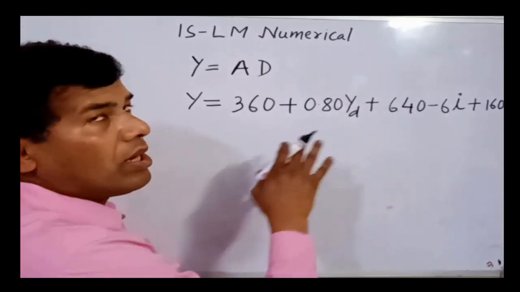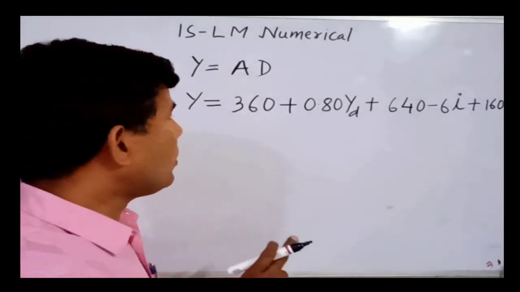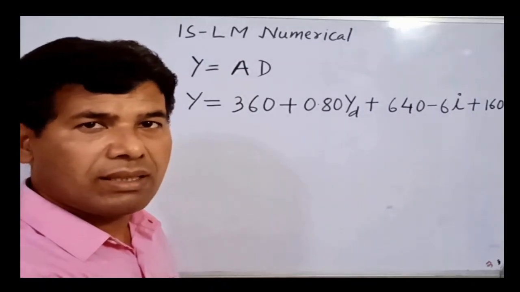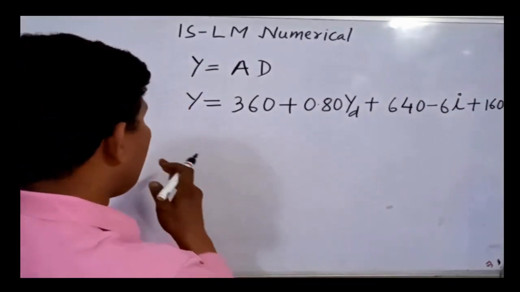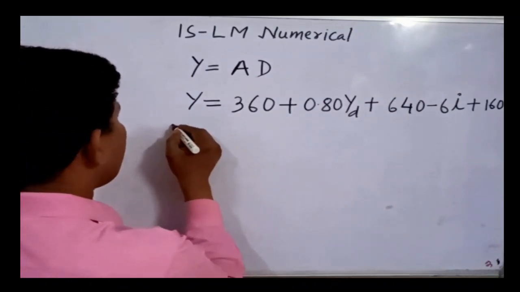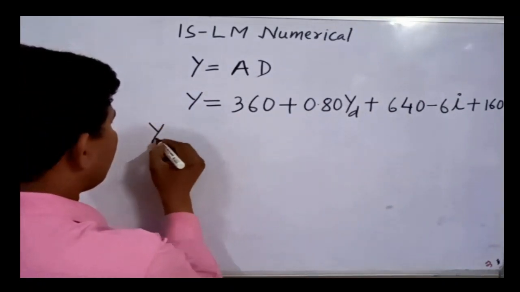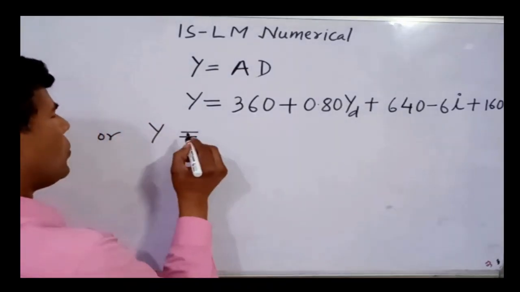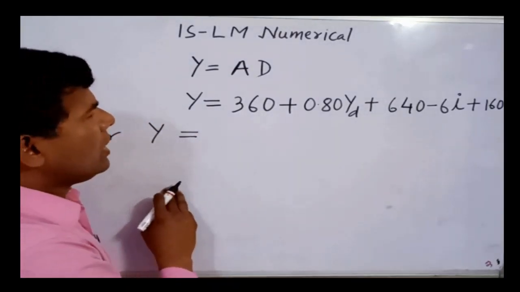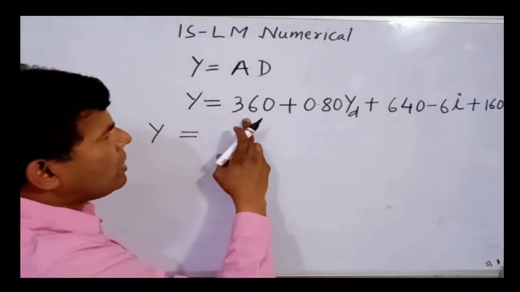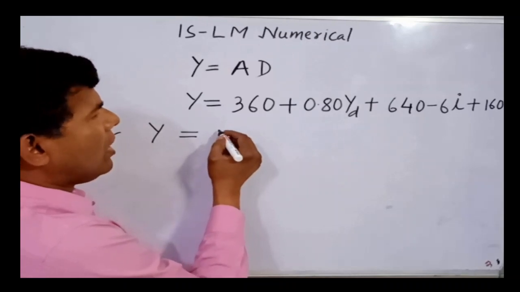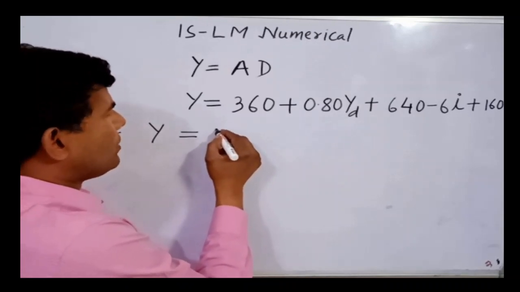Now we solve this to find the equilibrium level of income, and we will get the IS equation. Let us solve it. So we write Y = 360 + 640. It makes how much? 1000, right?